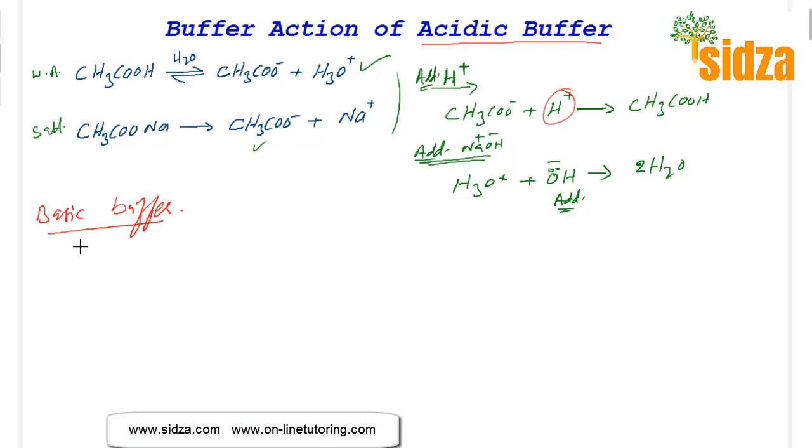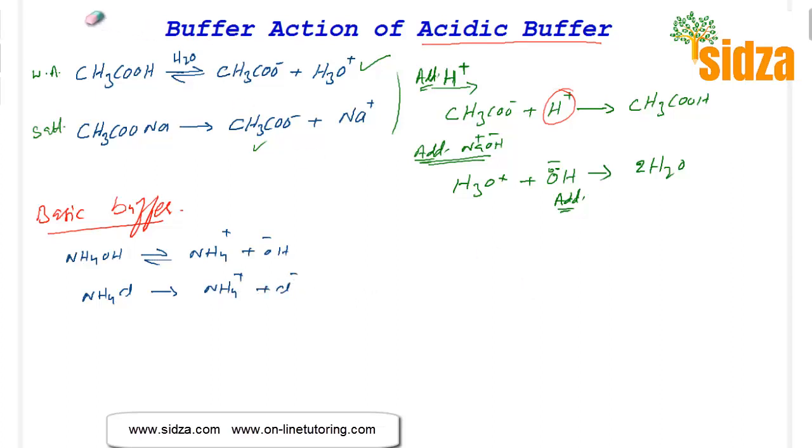Take an example of ammonium hydroxide, the basic buffer. It dissociates into NH4+ and hydroxide ions, and we have ammonium chloride, NH4Cl, the salt, formed of ammonium ions and chloride ions.